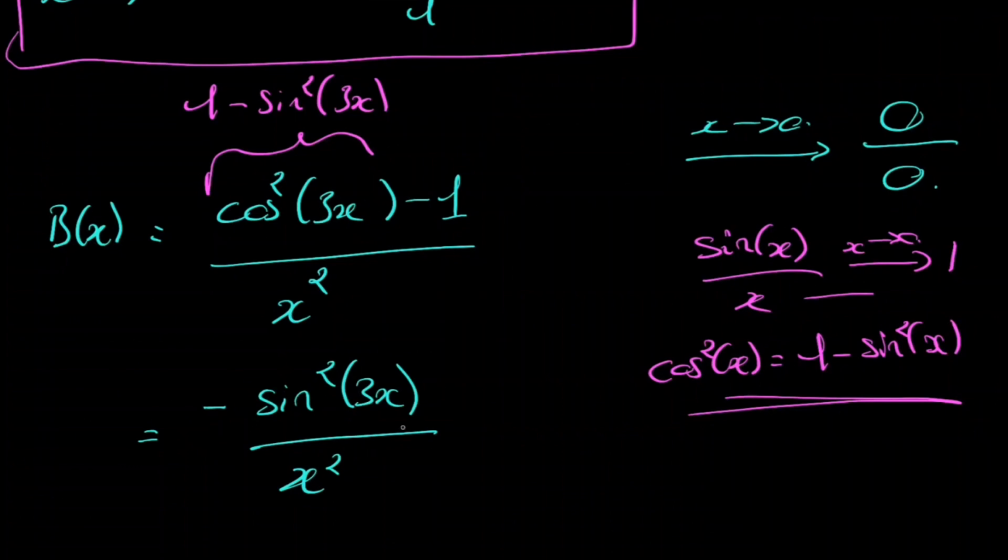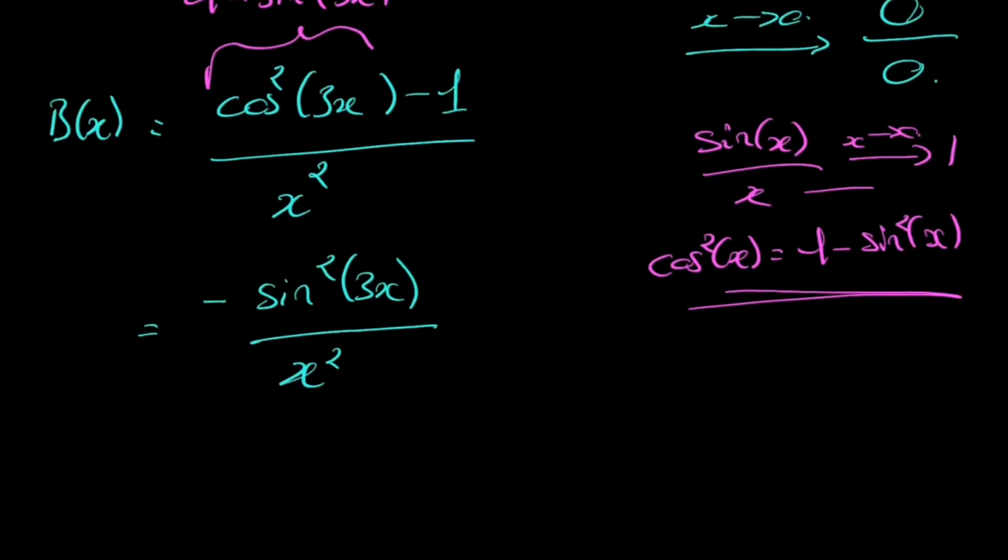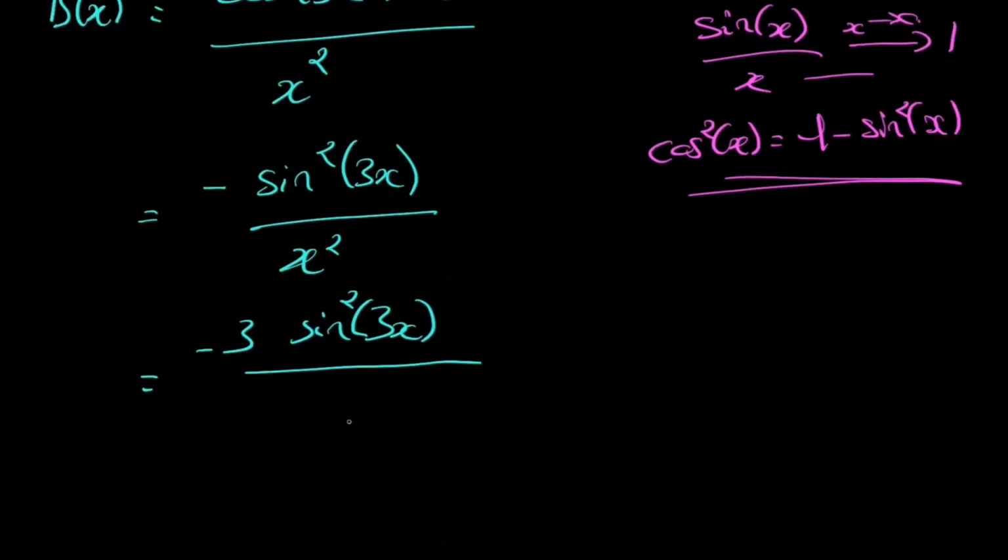But we do not know the limit of that, because let's remember that we need to have the same thing in the sinus and in the denominator. So we will multiply by 3 on the top and at the bottom: 3 sinus of 3x squared over 3x squared.